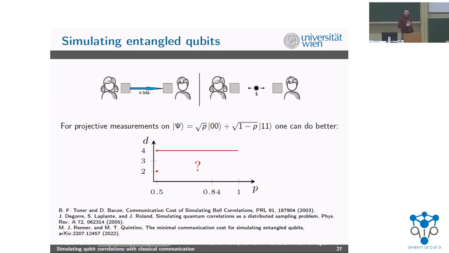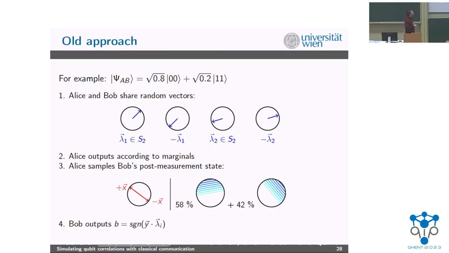And that was a bit funny. Why do we need more resources to simulate states that are less entangled? It was open since 2003: can we also simulate these other states with 1 bit, or with less than 2 bits? And we found a way to do it.